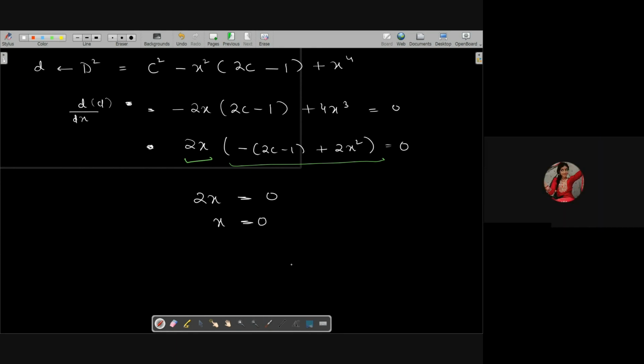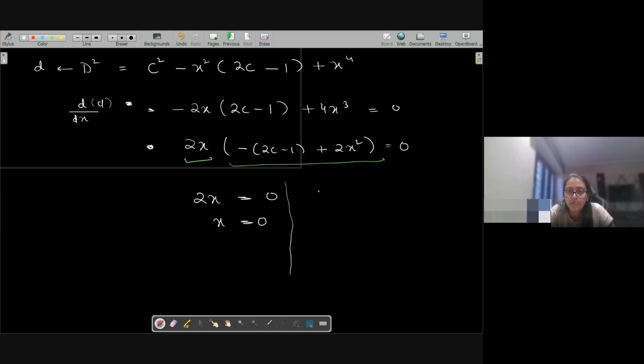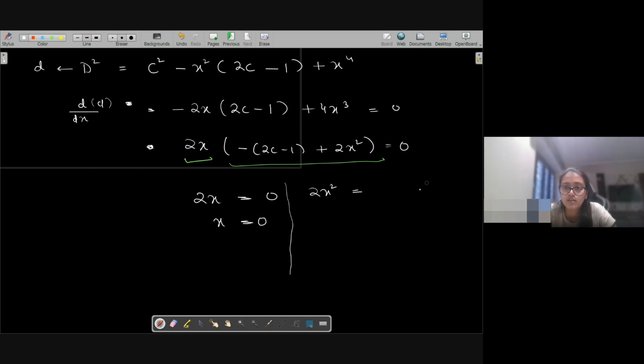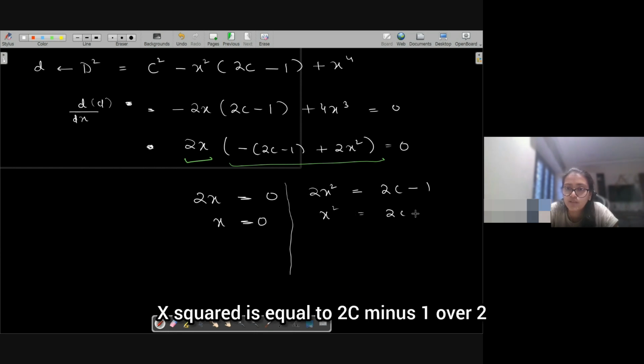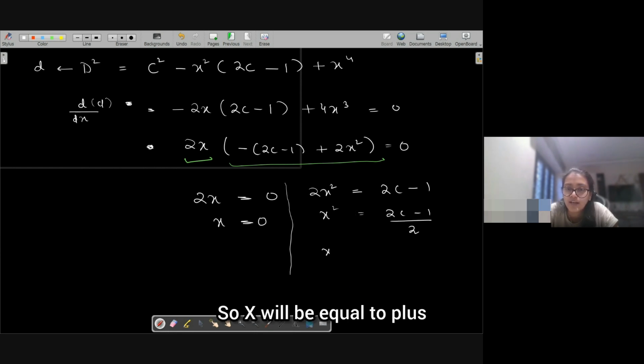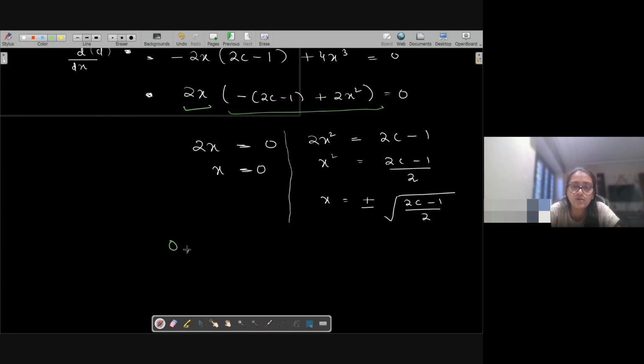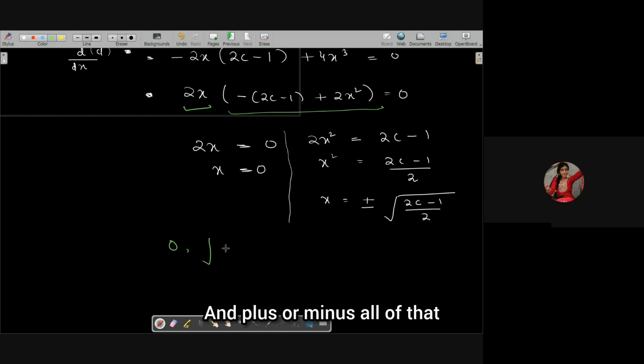And from the second factor, 2x squared should be equal to 2c minus 1, so x squared is equal to 2c minus 1 over 2. So x will be equal to plus or minus square root of 2c minus 1 over 2. So we have three candidates: 0 and plus or minus all of that.